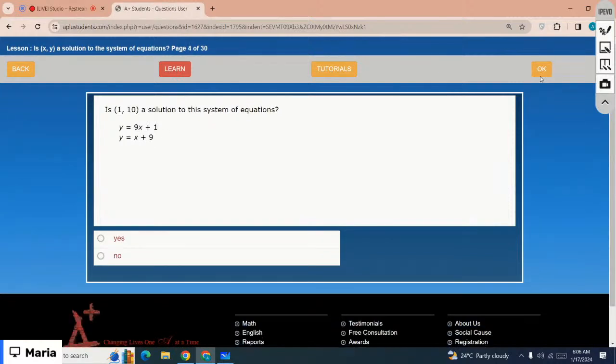The next one is: is 1, 10 a solution of the system of equations? Which is the correct option, yes or no?